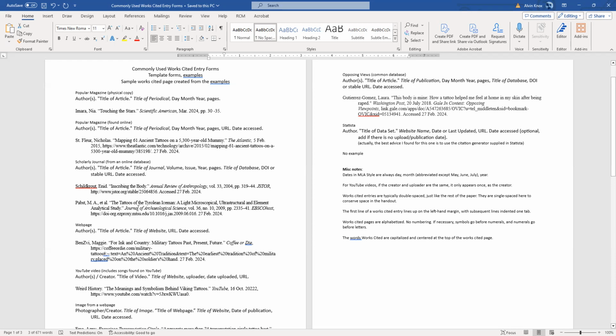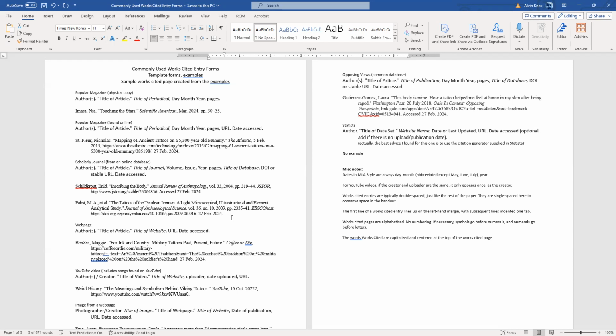This one, Journal of Archaeological Science, Volume 36, Number 10. A little bit more information than I had for the previous one. It was there, it was available. And by the way, I tried doing these in A to Z databases in the Walker Library website, and I used the works cited generator.